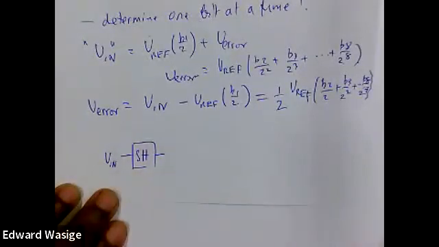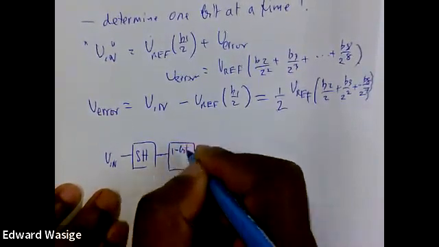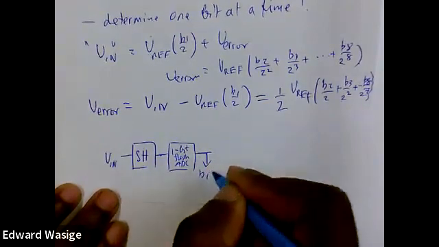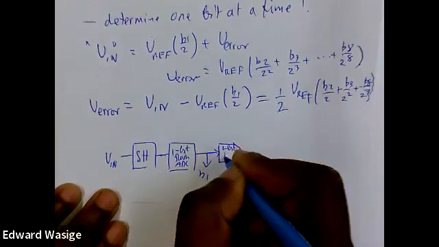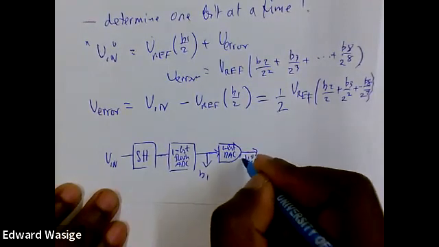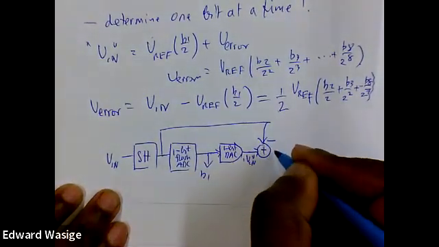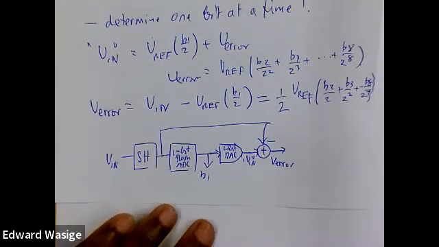The reason for that is as in the previous example that we did, and we go to a 1 bit flash ADC, and the output of this will be B1, and this B1 we go to a 1 bit DAC, and what we have here is our approximated input voltage, and this is our input voltage, and we subtract it from that, and at this point we have V error, and the error voltage there is the other 7 bits.